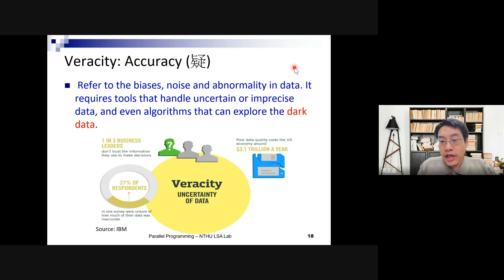And to an extreme extent, people even try to explore value out of the data that is supposed to be thrown away. That approach is what we call dark data. Dark data means you intend to find value from those anomalies.